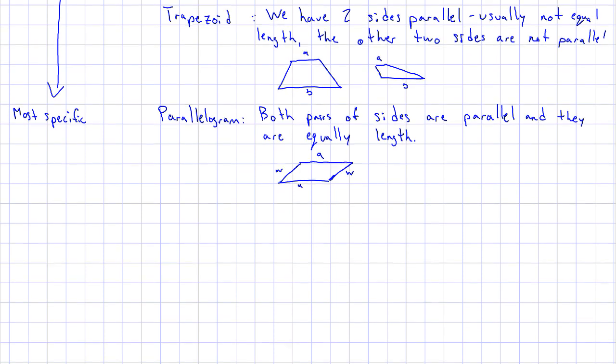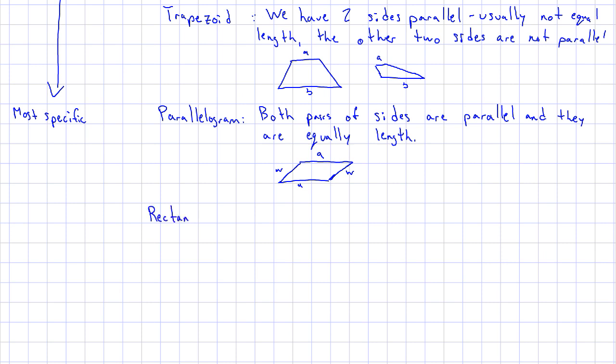The next most restrictive or more specific is going to be the rectangle. So the difference between a rectangle is that this is a parallelogram, but the interior angles are all right angles.